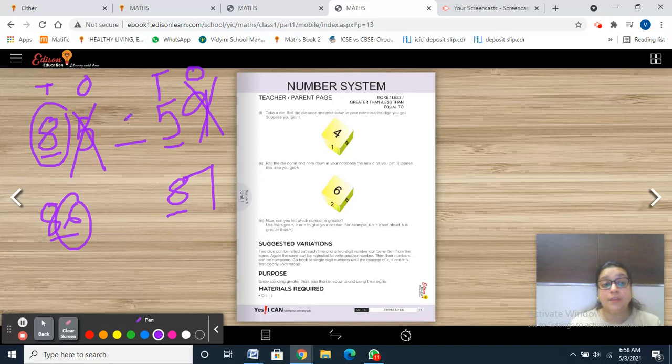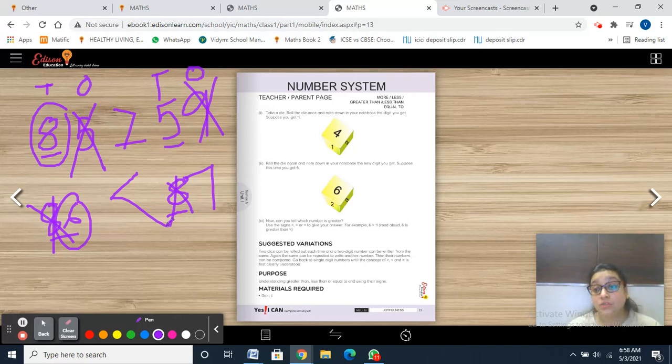So 8 is bigger than 5, so 85 will be the greater number. Then 86, 87. Now 6 and 7, because 8 and 8 are same. Now we have to check 6 and 7. So 7. Getting this point? Please check your answers.